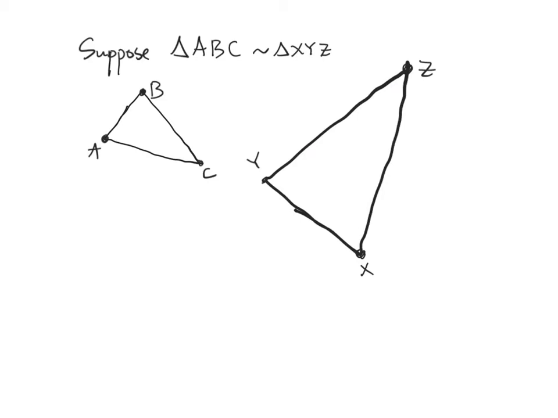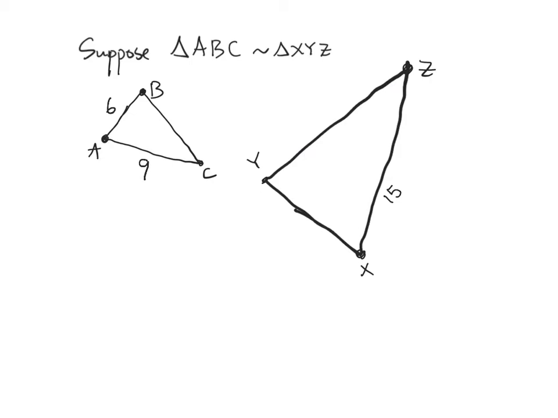Okay, I'm going to give you some measurements, but not all of them. So let's say we know this one is 9. Let's say we know this one is 15. Let's say we know this one is 6.